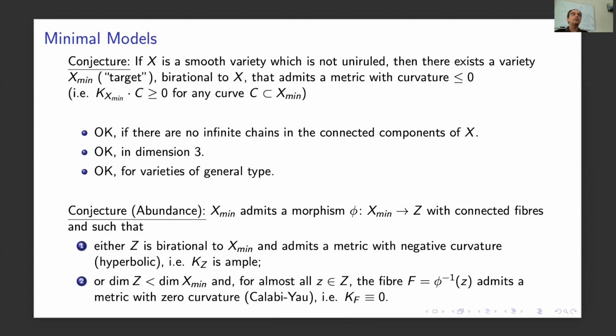We don't know that yet. In other words, at least we know that it's going to be with a positive curvature metric. Or it can be decomposed into other objects, which have either negative curvature or zero curvature. So really, these are three building blocks on which varieties can be constructed. So this somehow justifies why all this is important.